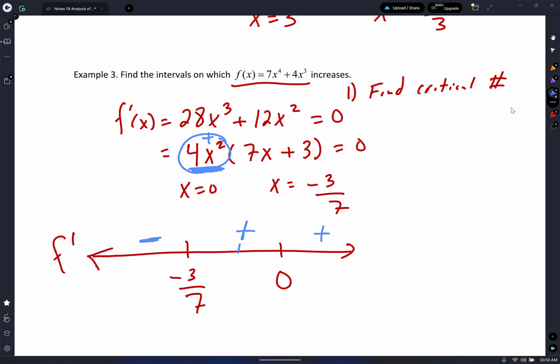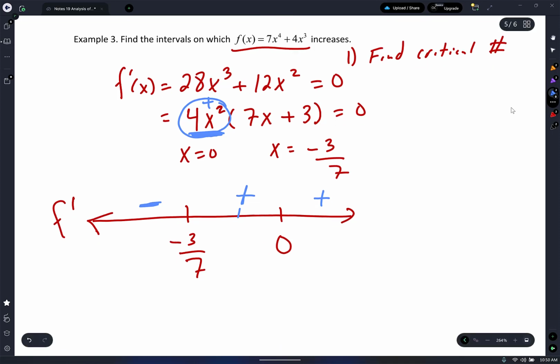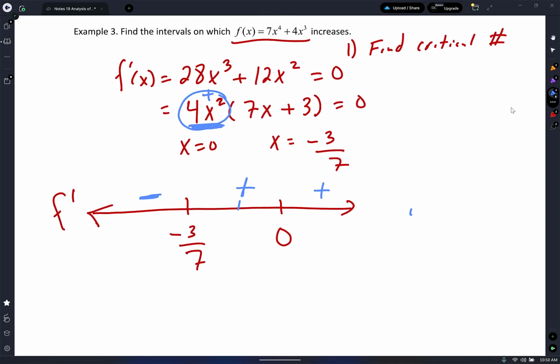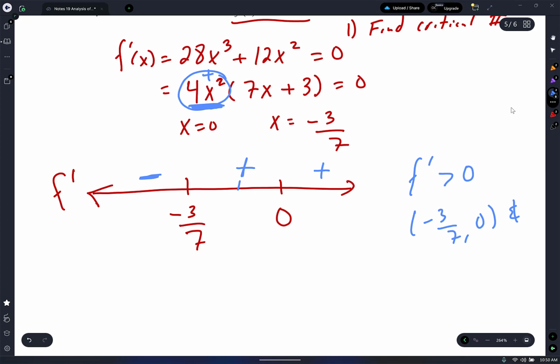Cool or not cool? So where are you increasing? F prime is positive between negative 3/7 and 0. And is there a sign change at 0? No, it's positive between 0 and infinity. So where are you increasing?